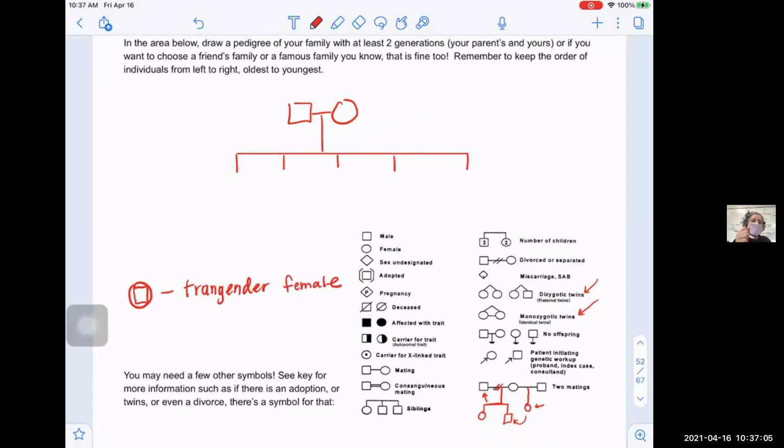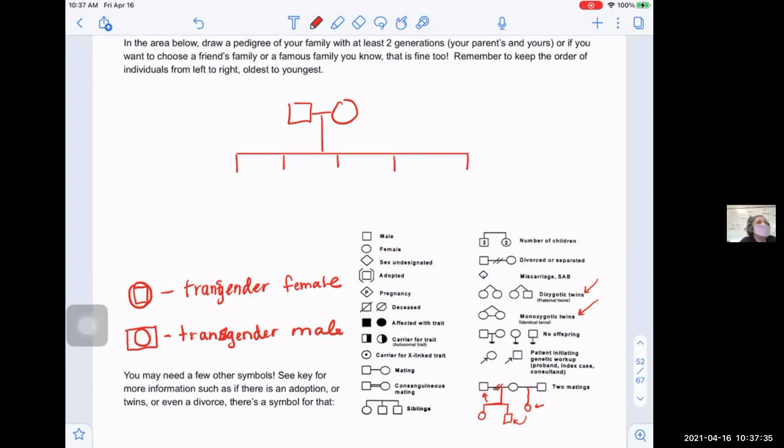So they're a circle, but they have a square within them. The other one is the opposite: a square on the outside with a circle inside would be a transgender male. You can add them to your pedigree too, if you have a transgender family member, or if you yourself are, that's how you indicate them.